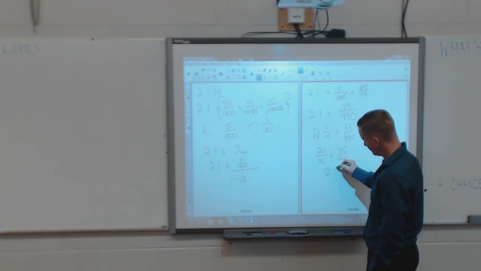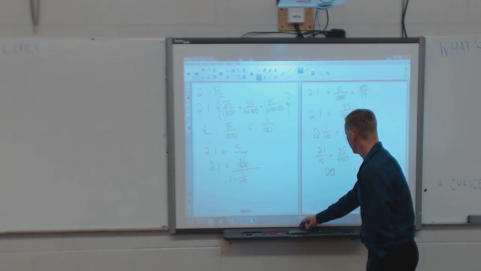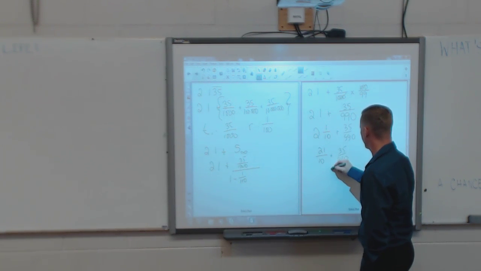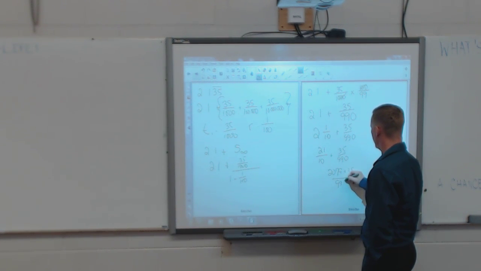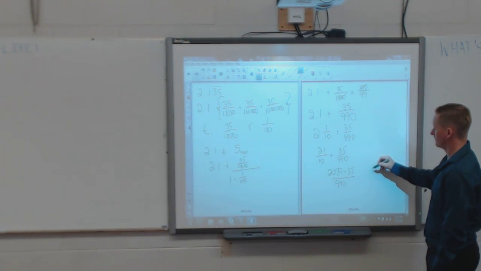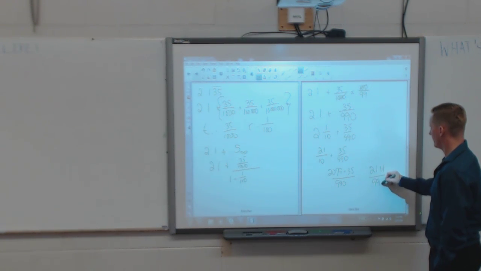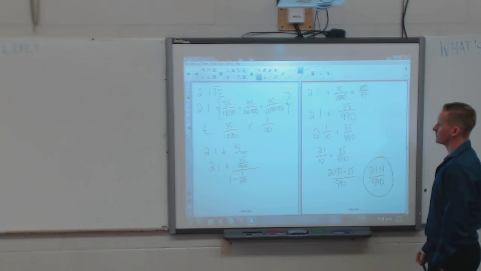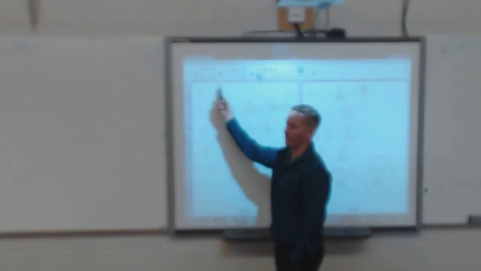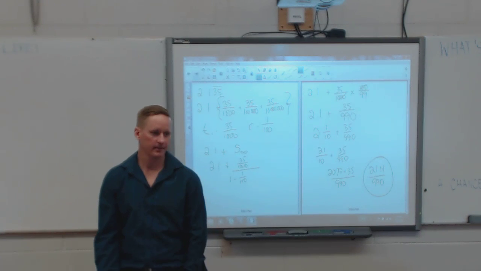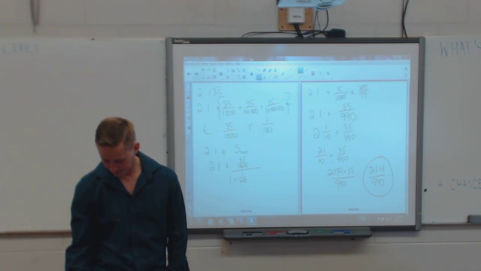One more time. 2,079 plus 35 all over 990 is equal to 2,114 over 990. That is an equivalent fraction to 2.135 repeat. Do we really have to do all that? Absolutely.